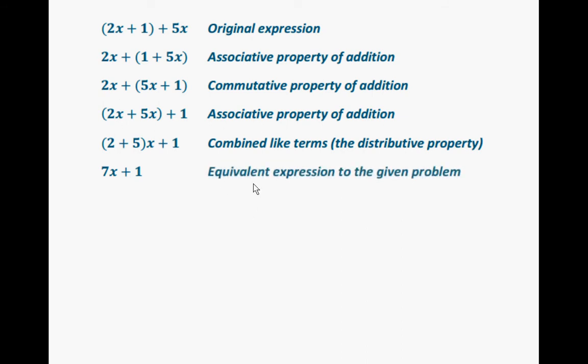By using distributive property or combining like terms, we can factor out an x and add 2 plus 5. And that gets us to 7x plus 1, which is an equivalent expression to the given problem. So therefore, the quantity of 2x plus 1 plus 5x is equal to 7x plus 1.